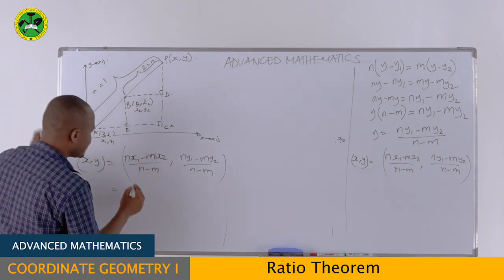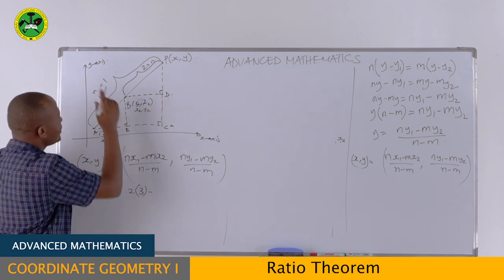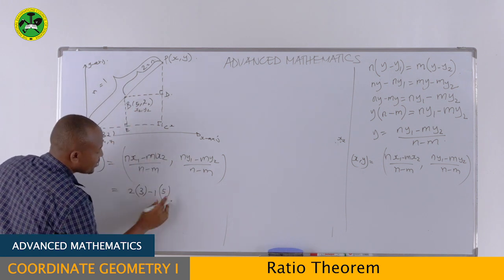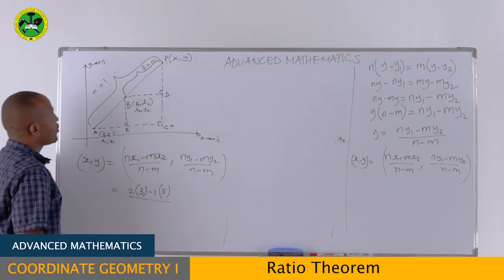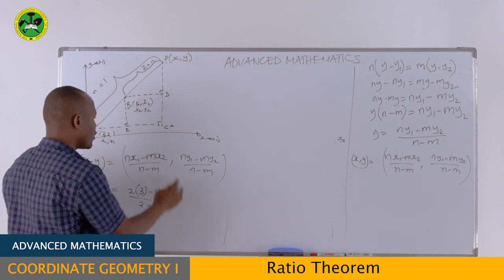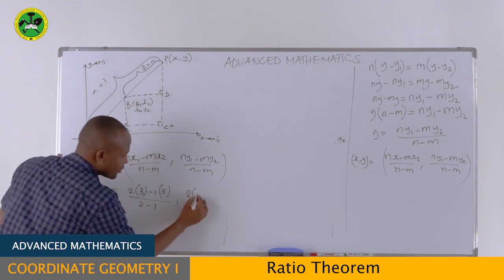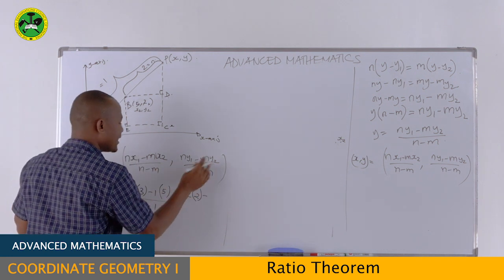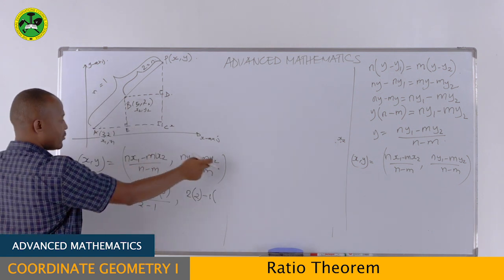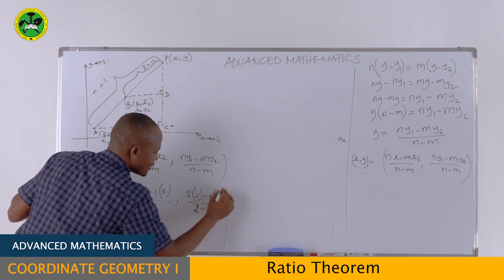We have our N, that is 2, and X1 is 3, minus M is 1, and X2 is 5. Remember to label those. It's very easy once you label it. And we have N minus M, that is 2 minus 1, comma. We have N, our N is 2, Y1, and what is Y1? Is 2, again minus M, what is M? M is 1, and we have Y2, which is 7, over 2 minus 1.